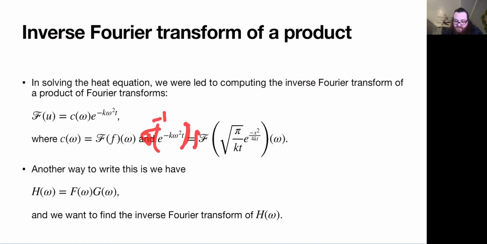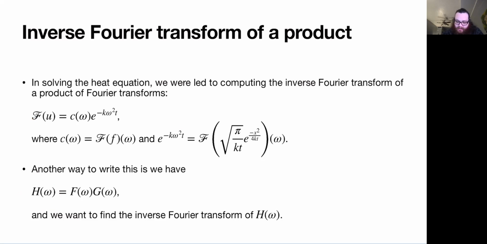If you want to verify, take the inverse Fourier transform of this. You end up with just this, but over here you have the inverse Fourier transform of this, which we explicitly computed. Another way to say this: this is a function of omega, and we're going to call it h.